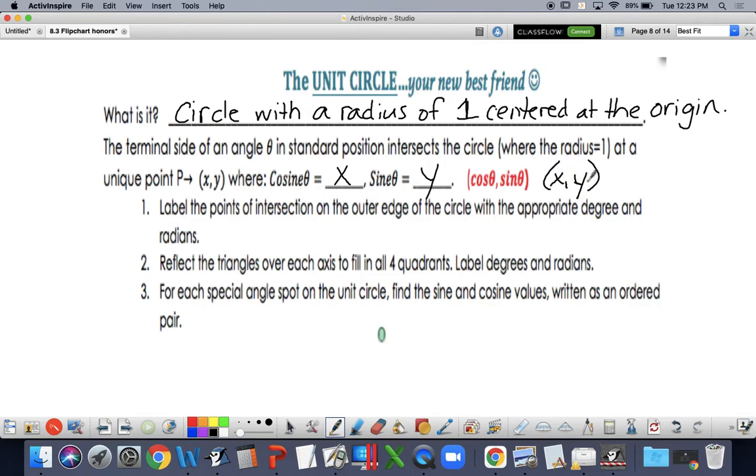We're going to fill out our coordinate points as we move around the unit circle, and you're going to want the table from the very first class that has the cosine and sine of all of our major angles. Make sure you know where that is in your notes so you can flip back and forth.